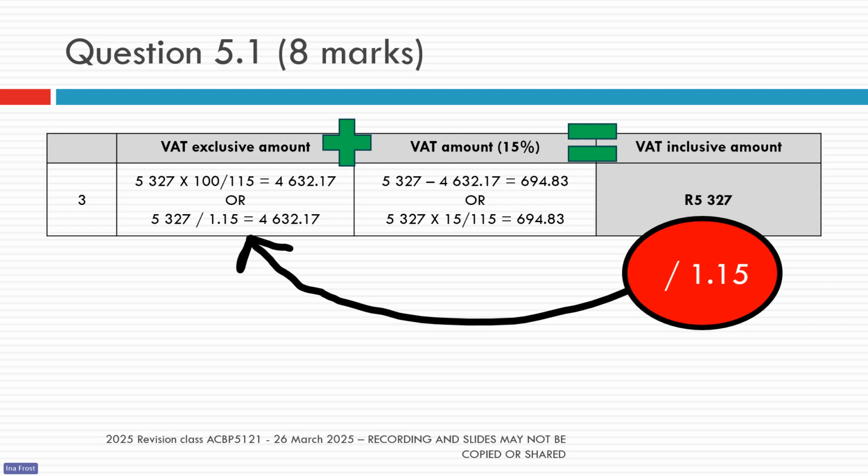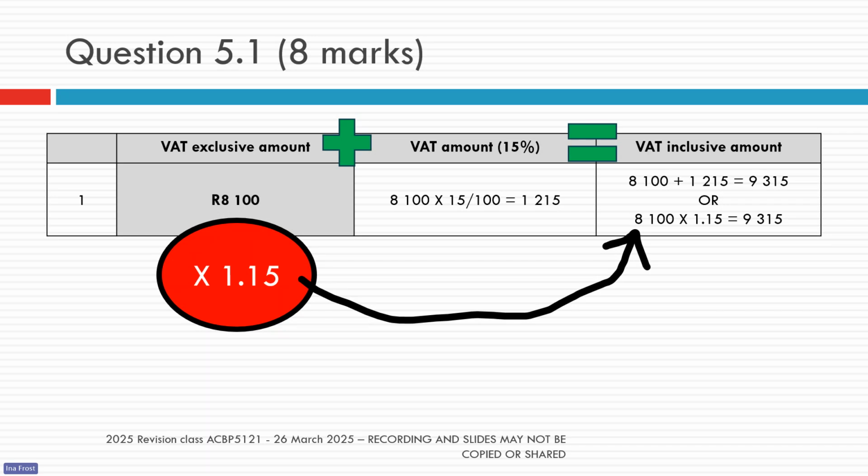Please make sure that you note something very carefully, and it's a pity I didn't highlight that on the slides. If we work with the VAT inclusive amount and I want to get the VAT amount, I use the 15 over 115. I hope you can all see that in the slide.